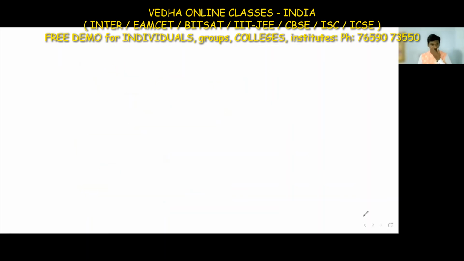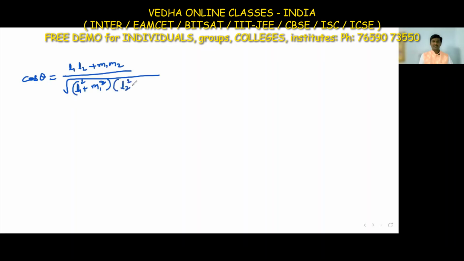Now cos theta is equal to, there is no change in the numerator, L1 L2 plus M1 M2, whole divided by the common root: L1 square and M1 square, the first equation coefficients squared, into L2 square and M2 square, the second equation coefficients squared.